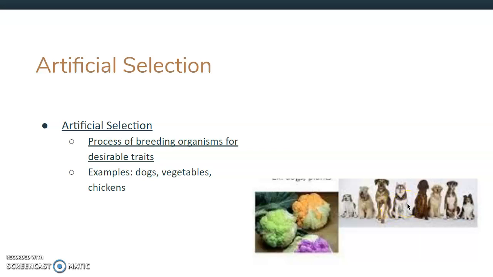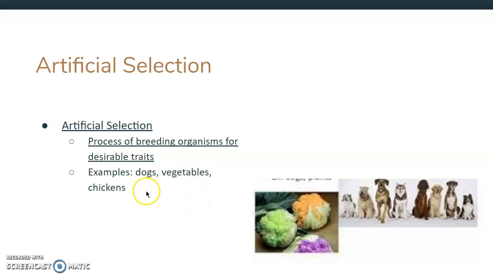Maybe we want a dog that is hypoallergenic, meaning someone who usually is allergic to dogs will not be allergic to this kind. So we might breed that with a dog that maybe is really pretty, like a border collie or whatever we like, so that we can have a hypoallergenic border collie. So that maybe our family won't get allergies when it's in the house.